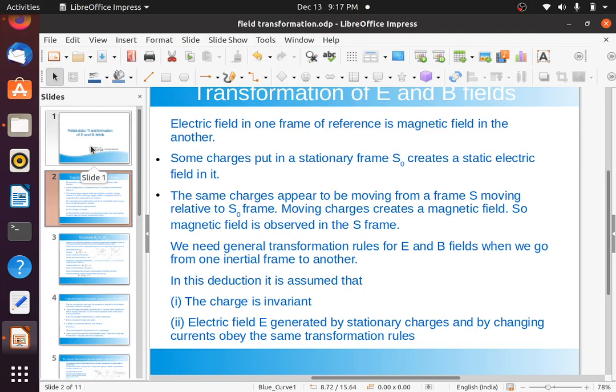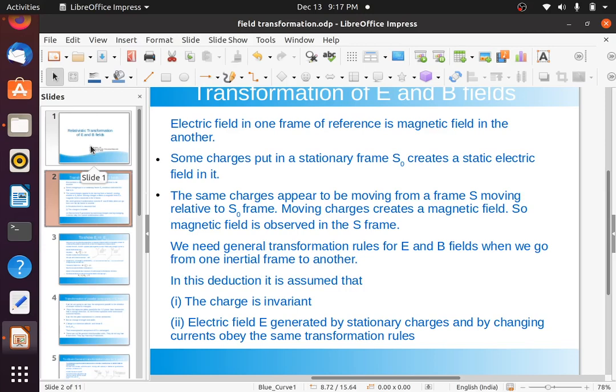Also, we assume that the electric field that is generated by stationary charges, and also the electric field generated by changing currents, obey the same transformation rules. You know that with ∂B/∂t, a changing current can create a changing magnetic field, and a changing magnetic field can create an electric field.